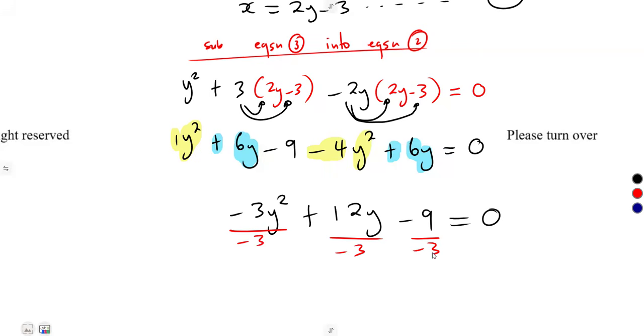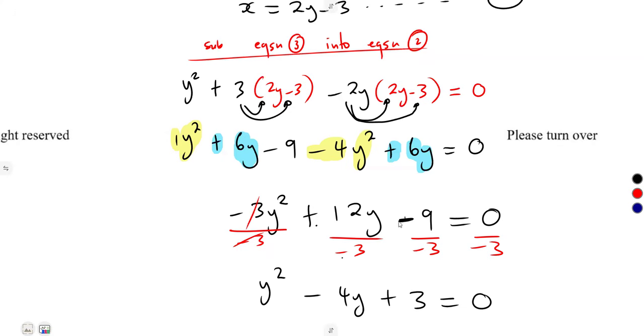So it's going to be negative 3 throughout. That's going to be y squared, negative negative, I mean, positive negative, that's a negative. And that is going to give us 4y, negative negative, that will be a positive. 9 divided by 3, that's a 3, and that is equal to 0.